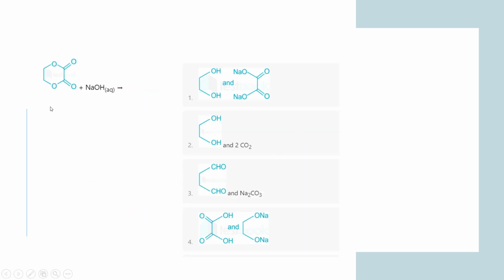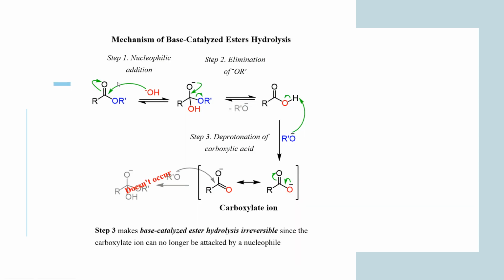We were given this diester and sodium hydroxide. So if it follows the similar mechanism, you can expect that the alcohol will be formed after the hydrolysis, and you get the carboxylate ion at the other side of the ester.